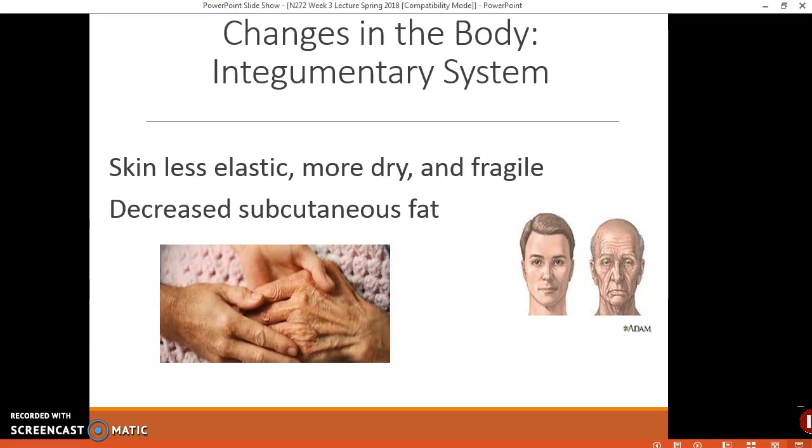The best time to lubricate the skin is immediately after a shower or after a bath because the pores are open and really can absorb the lotion or cream that is being applied. Skin is very fragile. It is the first line of defense, so we need to make sure that we lubricate, keep the skin nice and moist so that skin stays intact.